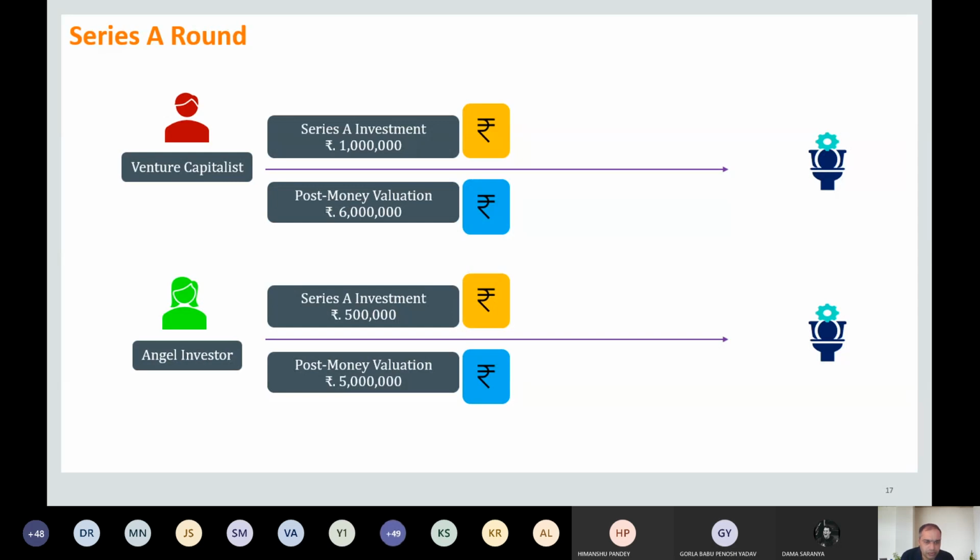That's the question. One is ready to invest at 60 lakhs, another is ready to invest only at 50 lakhs. Who will you prefer? Let me ask otherwise. One is ready to invest 10 lakh rupees, another is ready to invest 5 lakh rupees. The venture capitalist is saying, I am investing 10 lakh rupees in your company. The angel investor is saying, I can invest only 50 lakhs in your company. Which one will you prefer?